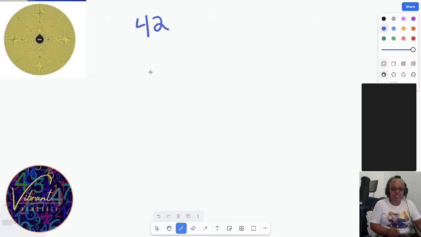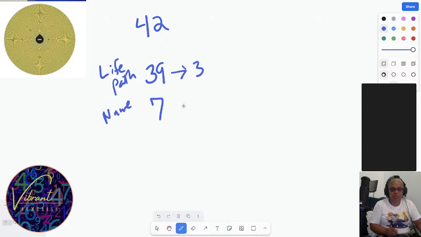It's actually a 39, which goes to 3. And then we know the name, hip hop, is 72, which goes to 9.